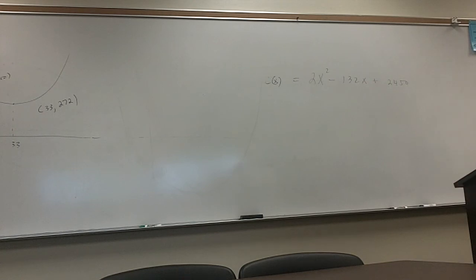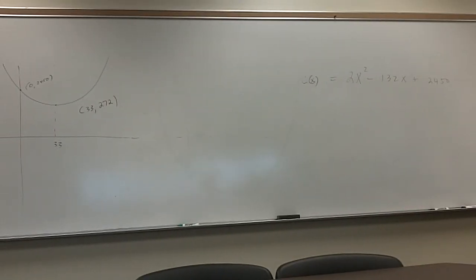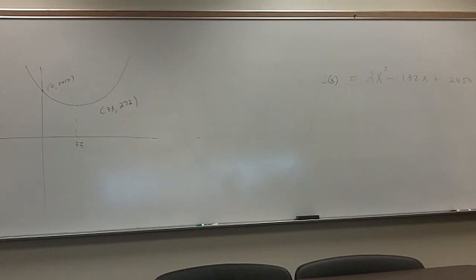Where's that second number coming from, the 272? How'd you get it? You put the 33 back into your equation. That's the y value. So we plug in the 33 for x every time, and that's how we get the 272.